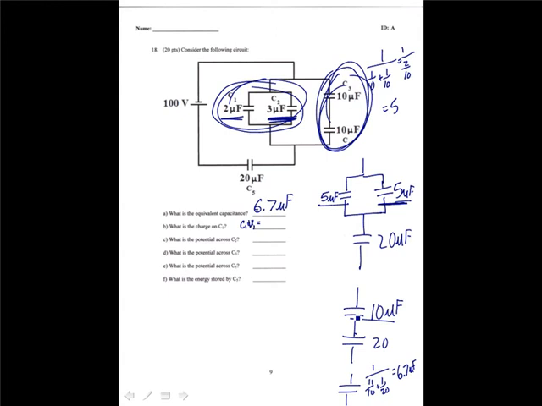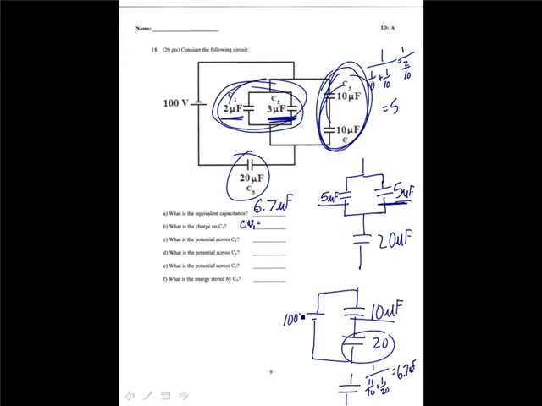So we just need to find that first. And then C3, let's see, I guess we're going to go all the way down to C5, so we can't really answer any of these until we get to C5. C5 is this capacitor, which is the same as this one. This is hooked up to a 100-volt battery.